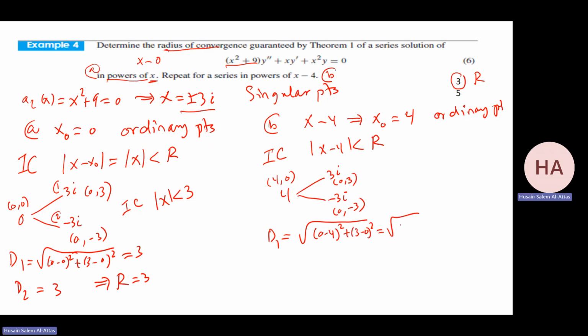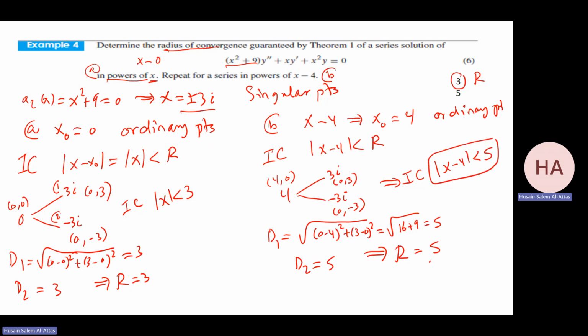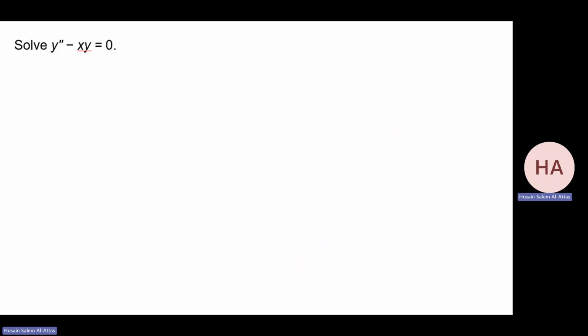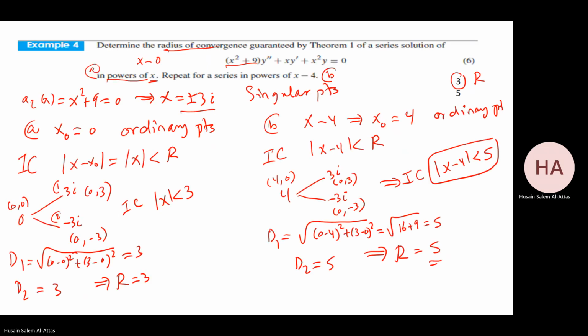And that will be the square root of 16 plus 9, 25, which is 5. D2 will be the same. So capital R will be 5. What will be the interval? |x minus 4| less than 5. That would be my answer since you want the radius of convergence, which is 5 in this case. This is R.